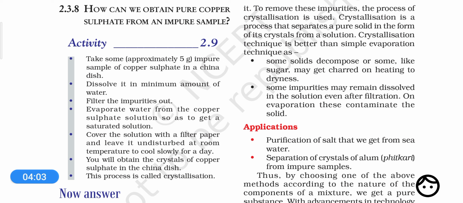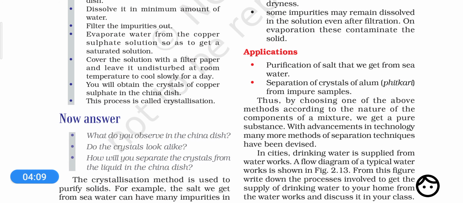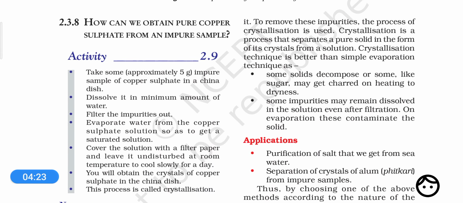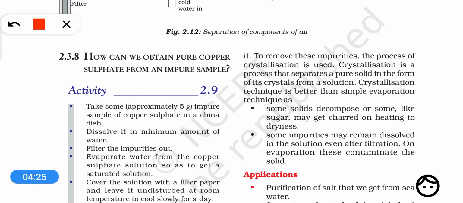So we have a china dish with a saturated solution of copper sulfate at higher temperature. If we leave it for cooling at room temperature, after some time we will see that certain amount of copper sulfate has settled at the bottom, separated in the form of crystals of copper sulfate.